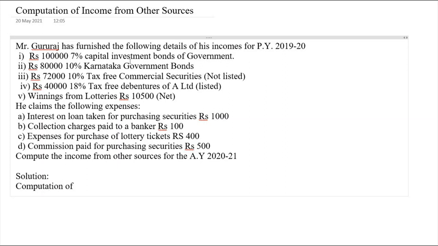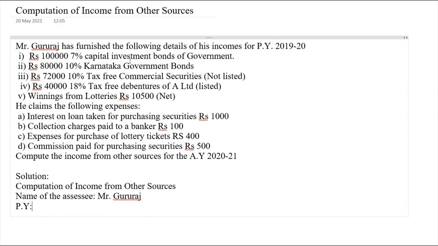Computation of income from other sources. Name of the assessee: Mr. Gururaj. Previous year 2019-20, whereas the assessment year is 2021. Let me insert the table here.